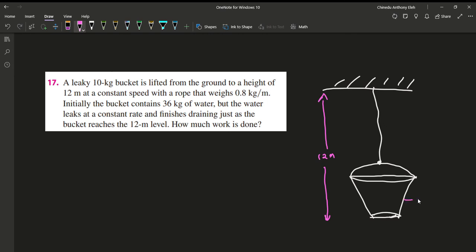So the bucket itself is 10 kg, and the amount of water, maybe I'll shade, the amount of water in the bucket is 36 kg. So I have 36 kg of water. Okay, but the water leaks at a constant rate and finishes draining just as the bucket reaches the 12-meter level.